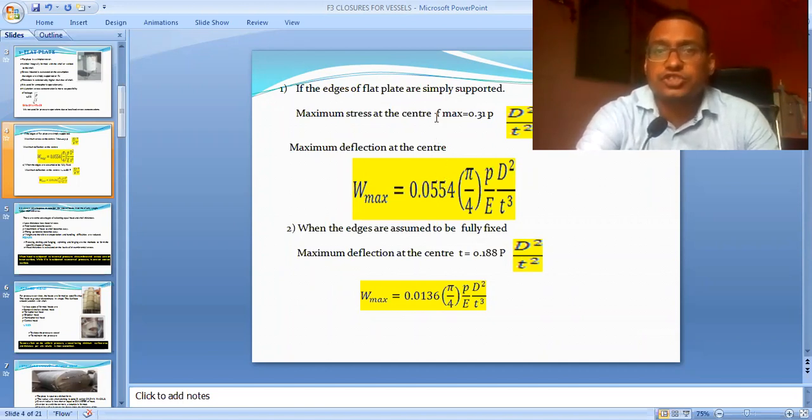To calculate the stresses, we have the formula 0.31 P into D square upon T square when the flat plates are simply supported. Now the second case, when the edges are assumed to be fully fixed, that means clamped, then the formula is T equal to 0.188 P into D square upon T square.